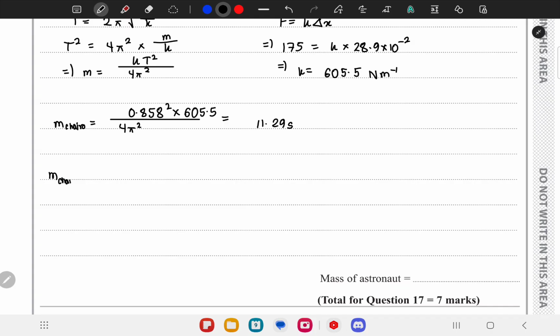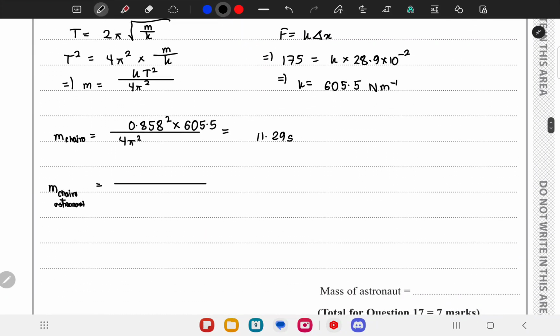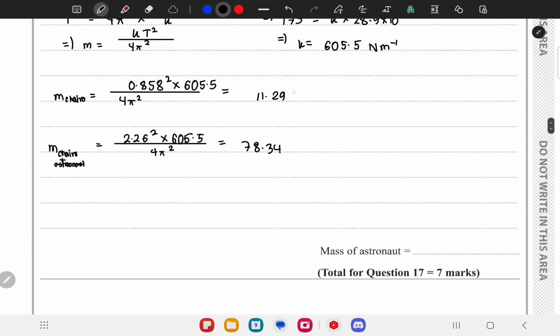Mass of chair plus astronaut will be equal to the time period when the astronaut is on the chair, squared, times the stiffness constant 605.5 divided by 4π², and we'll get 78.34 kg.